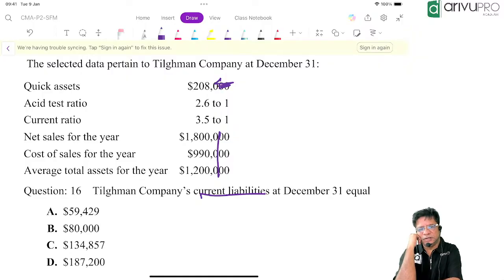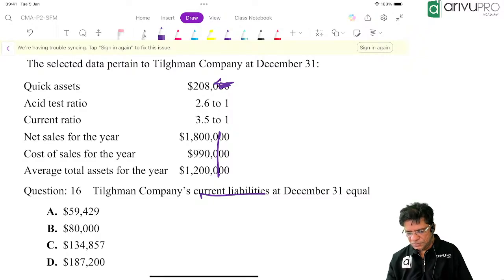They have given you quick assets 208, acid test ratio, quick ratio 2.6, current ratio 3.5, sales 1,800, cost of sales 990, average total assets.